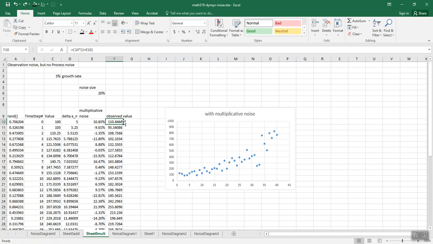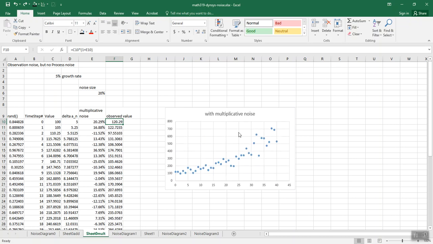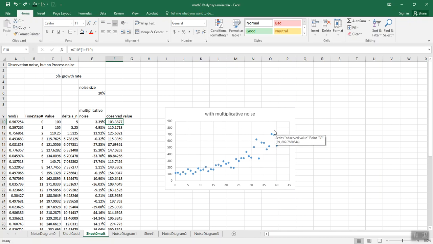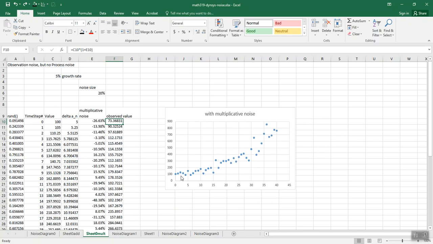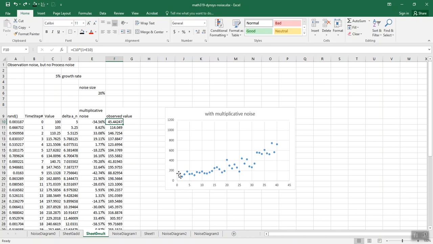So here, if we get new random numbers repeatedly, can you see that the amount of change over here when the y values are large is quite a bit more? From 600 up to 700, that's a plus or minus of 100, whereas down here it's only a plus or minus of about 20.